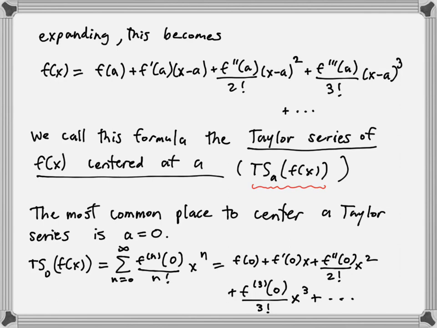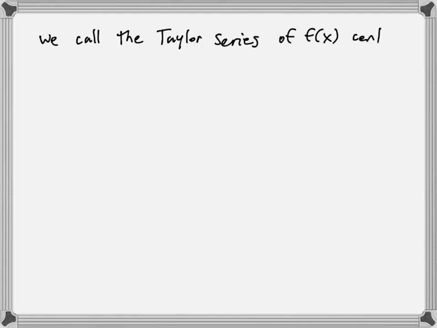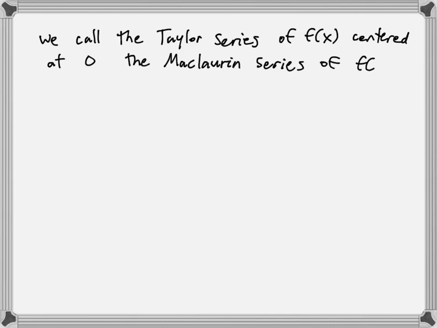Okay, this is so common that we give it a special name. So we call the Taylor series of f of x centered at 0 the Maclaurin series of f of x.